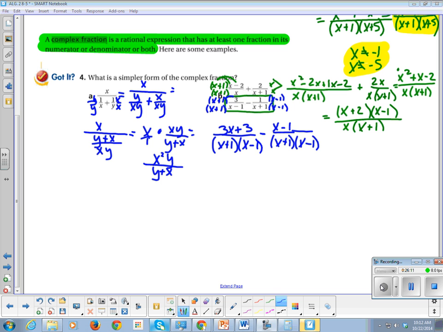All right, so I'm going to combine. And remember, this negative applies to the x and to the minus 1. So it's all going to be over x plus 1, x minus 1.